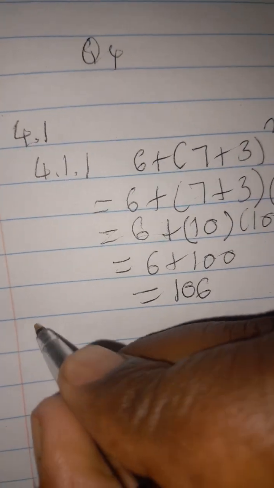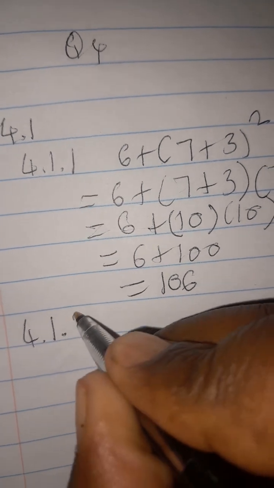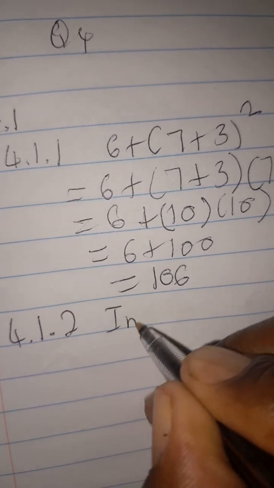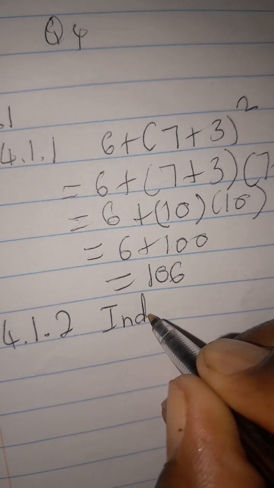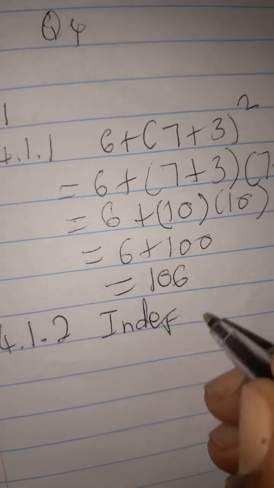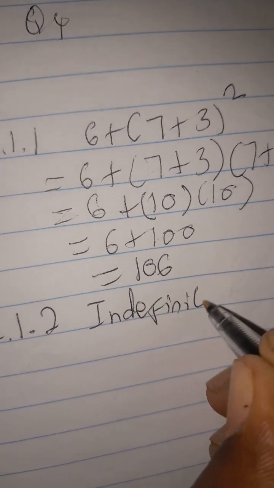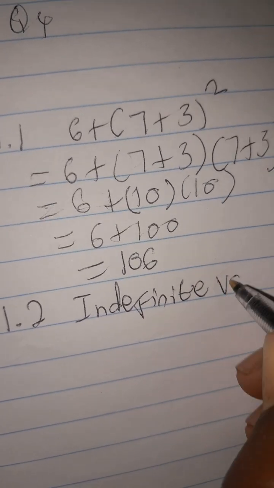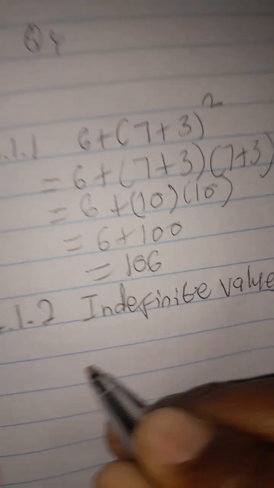It will be indefinite because there's a variable there. So we are going to write indefinite. Indefinite means the values never end. There's definite and indefinite.